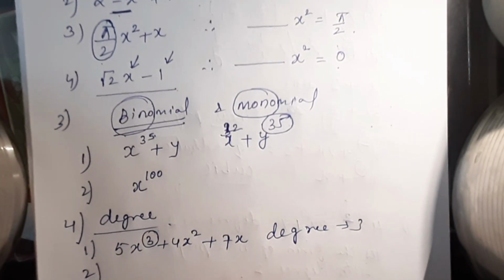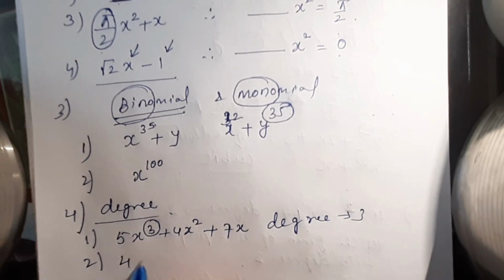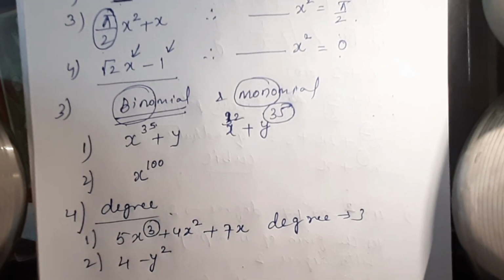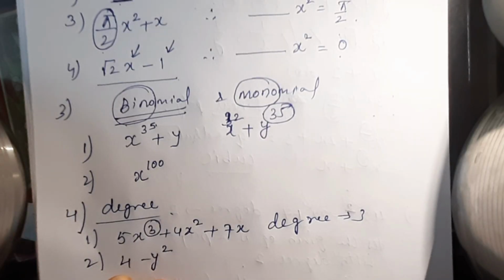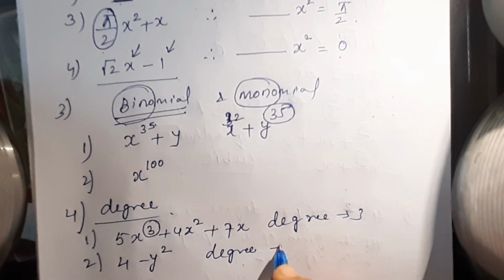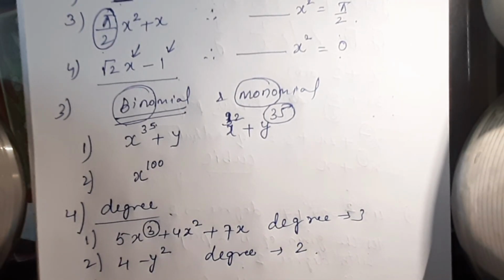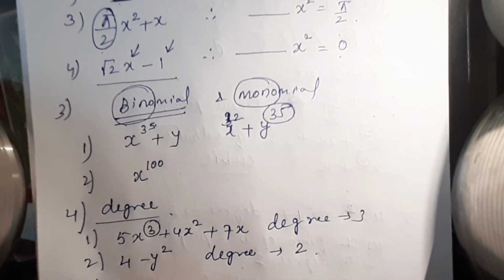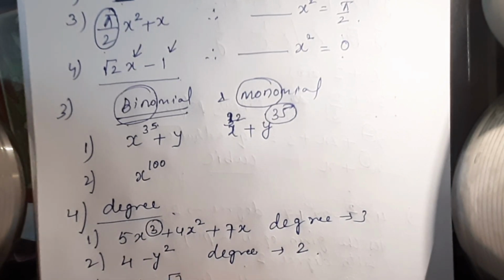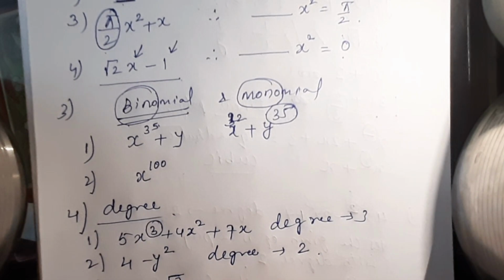Now second question, 4 minus y square. Here 2 terms are there. So it is a binomial and the degree, that is the highest power, is 2. So degree is 2. Third question, 5t minus root 7. Here the number has a root.